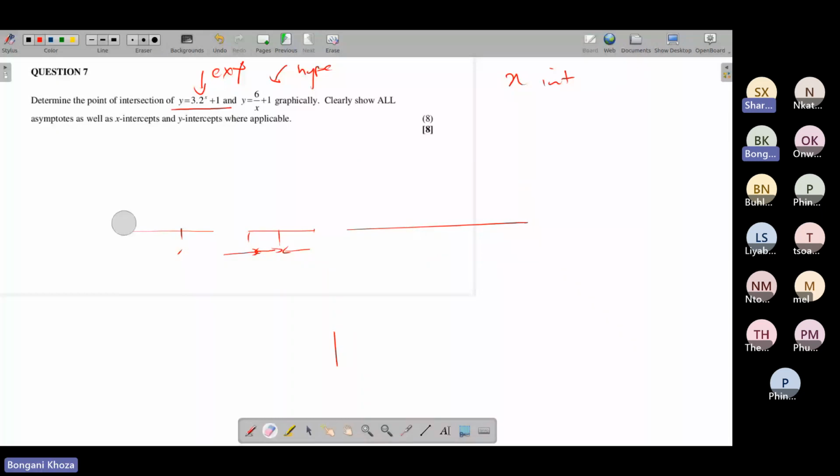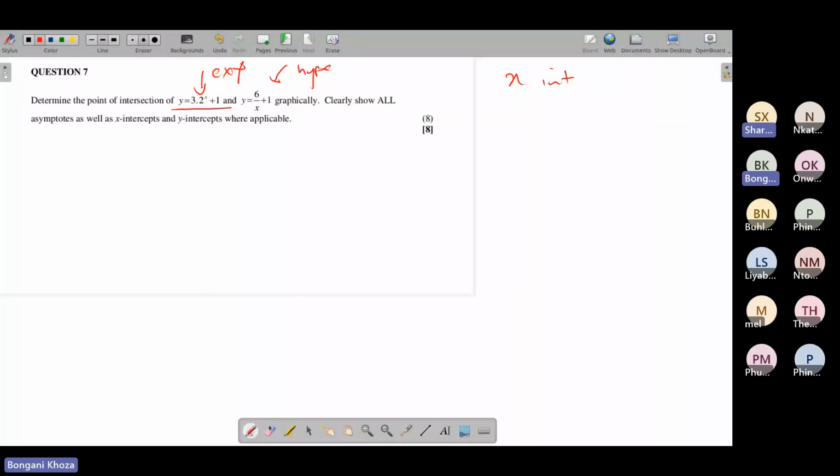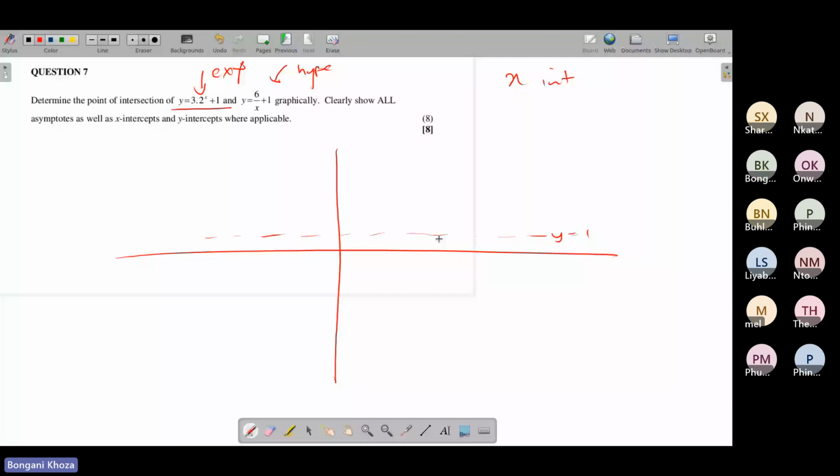Let me try and plot this quickly. It won't be accurate because I'm not using rulers and stuff, but we will draw them using that graphing calculator that we have. So for this one, the asymptote you have is y equals 1. So y equals 1 is over here somewhere. That means we will approach this line, but we will never touch it. And then the y-intercept, so we don't have an x-intercept here.